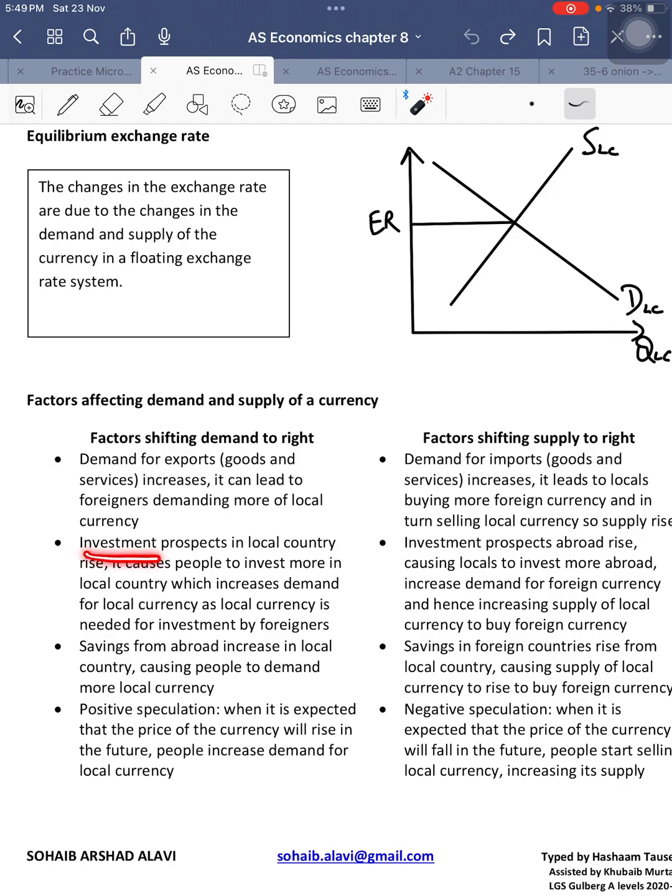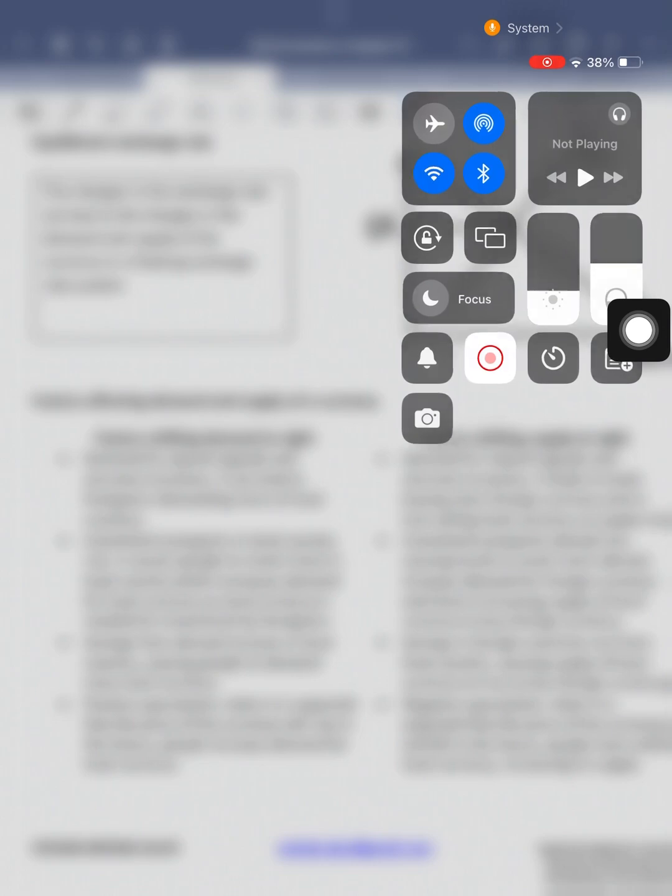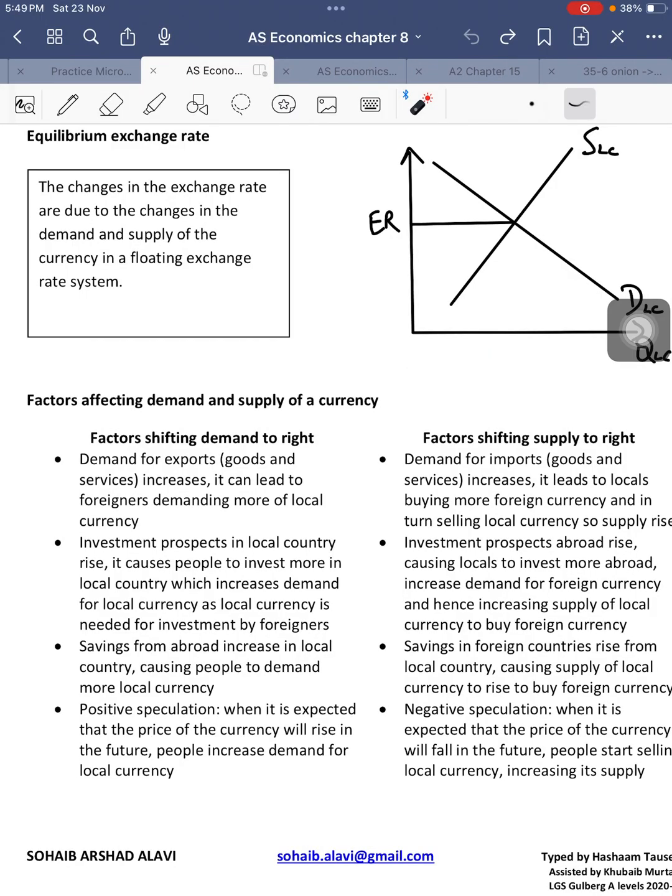Number two, investment prospects in the local country increase. When there is an increase in the investment prospects of the local country, that means investment in our country has become more lucrative for foreign investors. If they invest in Pakistan, they'll get higher profits.